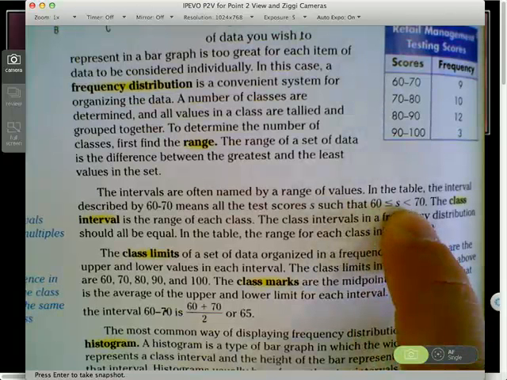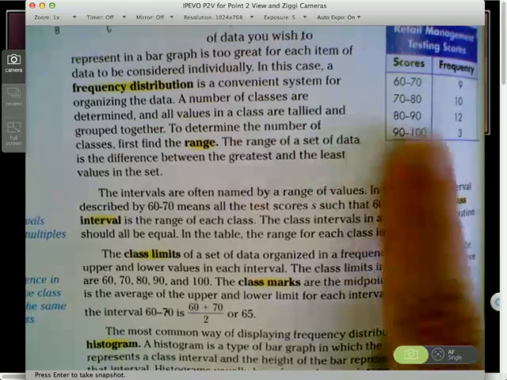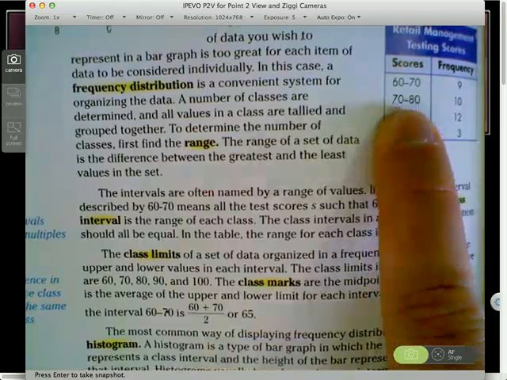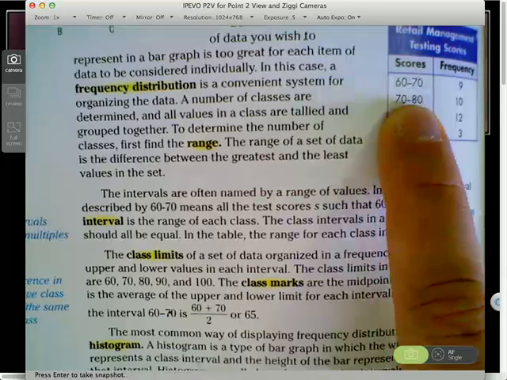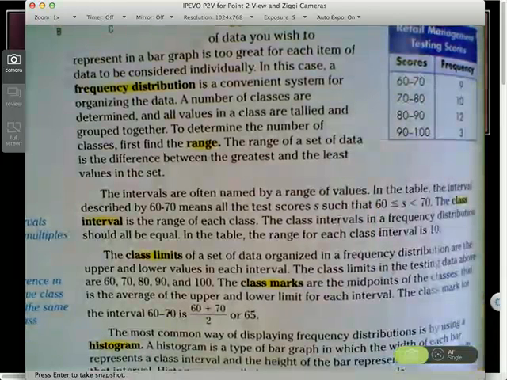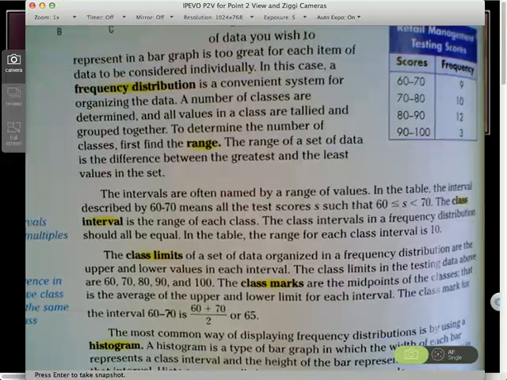So if I had a score of exactly 70, I would count it in the 70 to 80 class rather than the 60 to 70 class. Just so you understand, the inclusive is on the lower number and not the upper number.